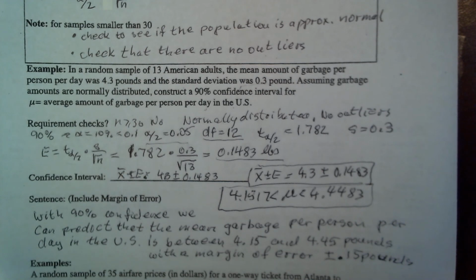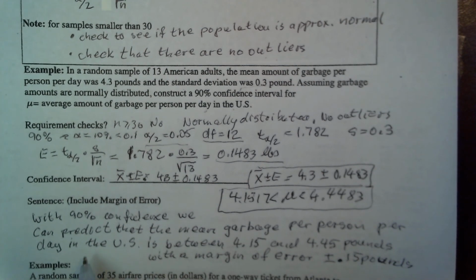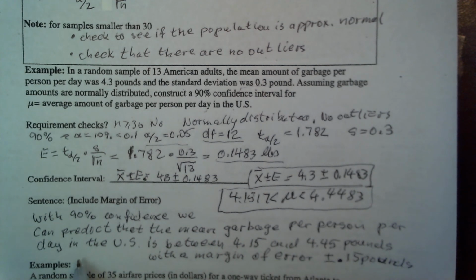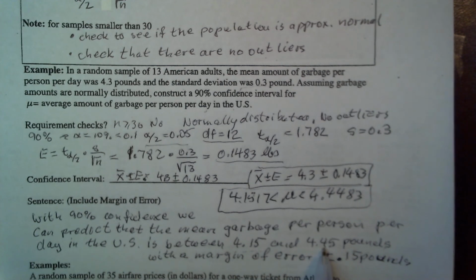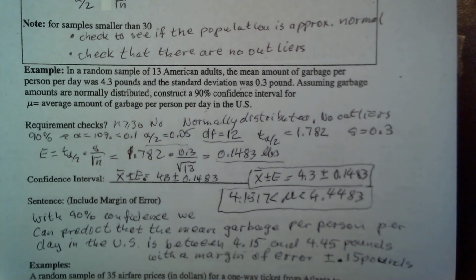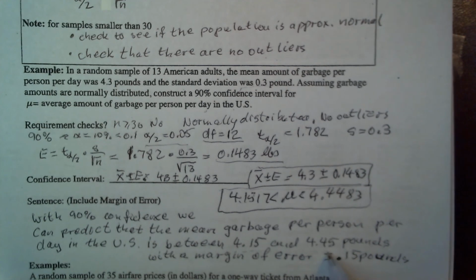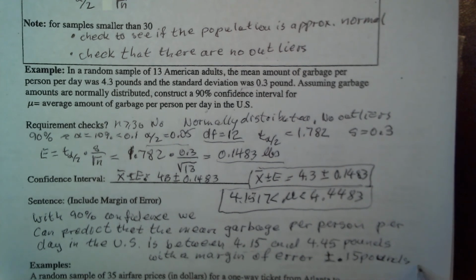So again, to repeat the sentence, with 90% confidence we can predict that the mean garbage per person per day in the US is between 4.15 and 4.45 pounds, with a margin of error of plus or minus 0.15 pounds.